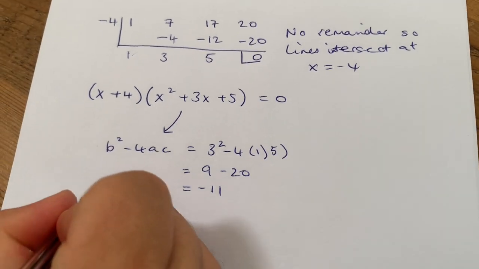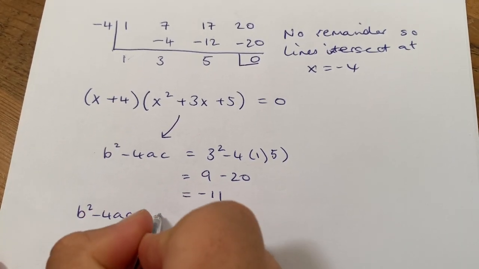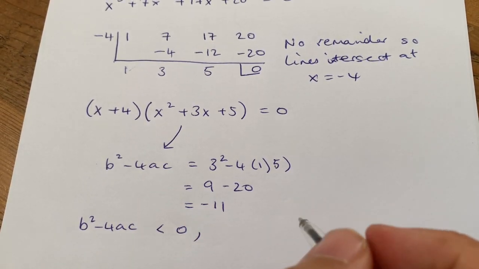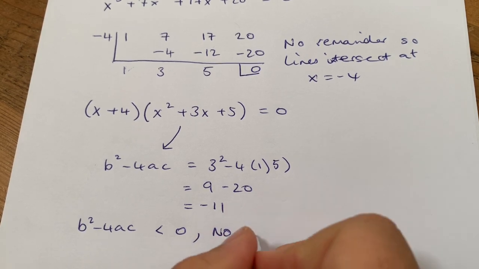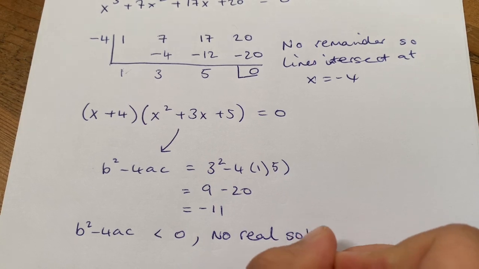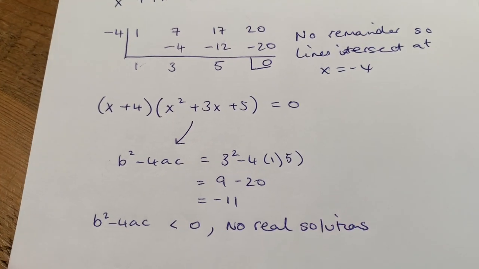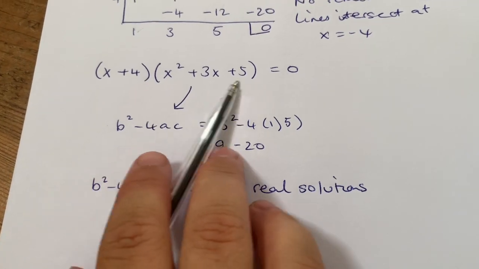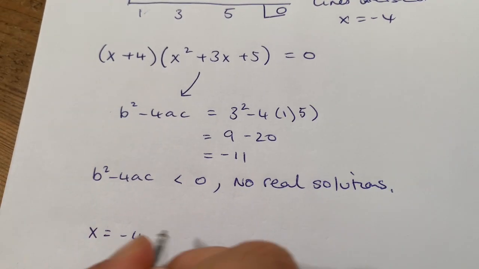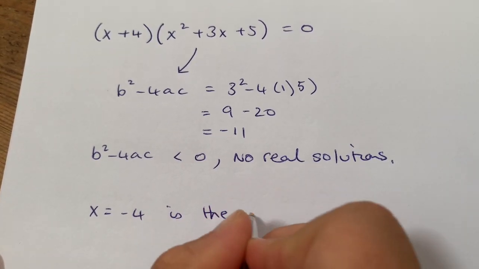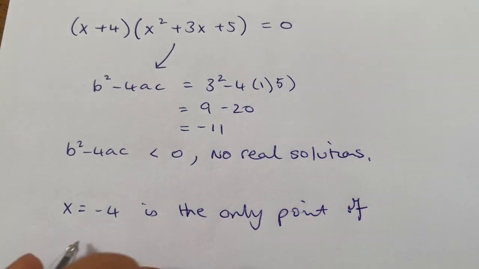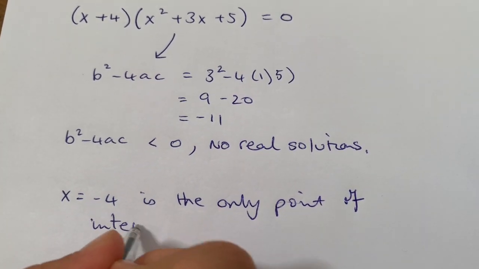Therefore, my b squared minus 4ac is less than 0. Okay, therefore there are no real solutions, okay, for this part. As such, x equals -4 is the only point of intersection.